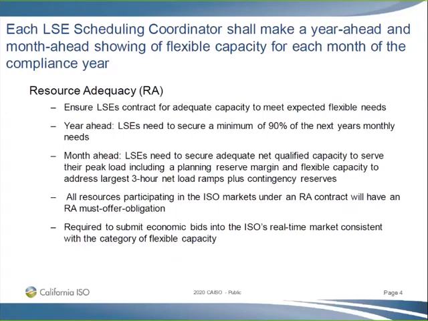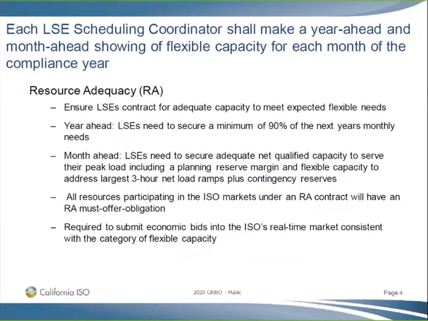So on slide 4, we want to ensure that load-serving entities can track an adequate amount of flexible capacity to meet the 2021 operating year. Year ahead, again, the minimum RA flexible required showing is 90%. Month ahead, LSE needs to secure adequate net qualifying capacity to serve the peak demand for that month.